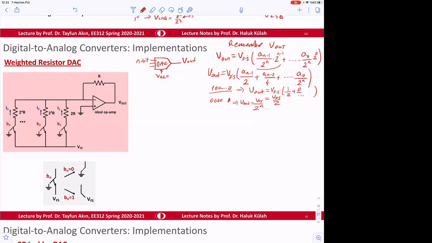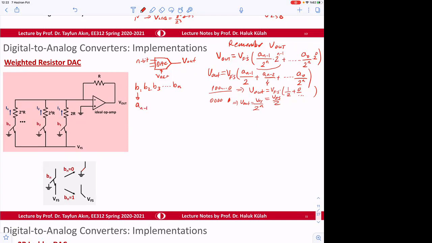I guess they switched. I mean, the nodes are such that they write it like B1, B2, B3, Bn, but B1 is equal to An minus 1.